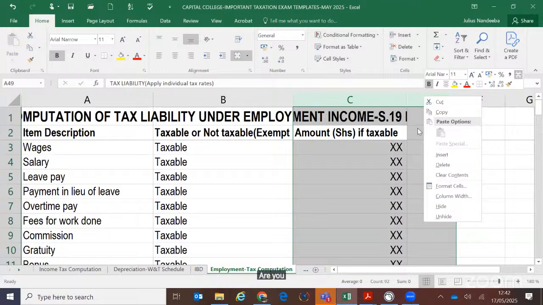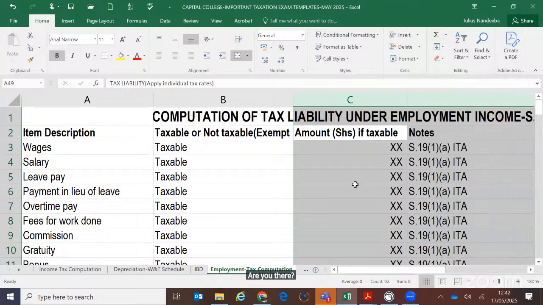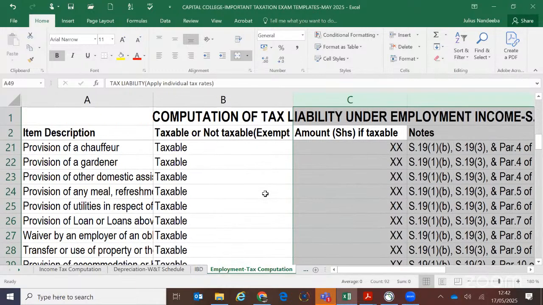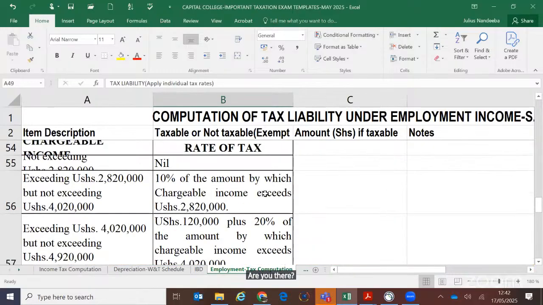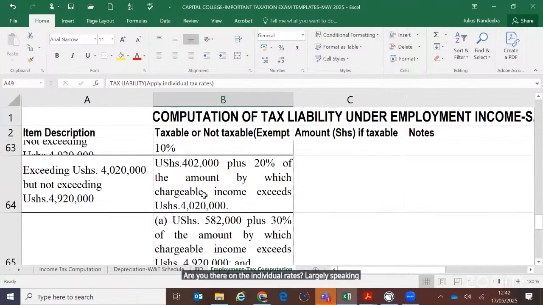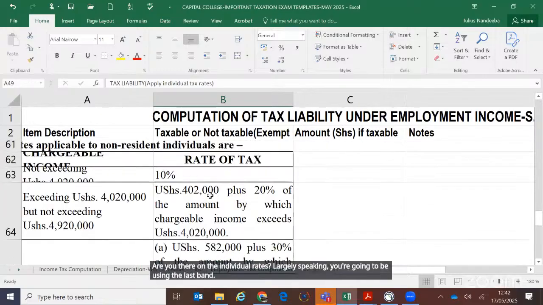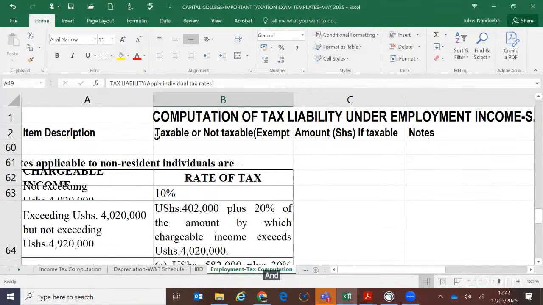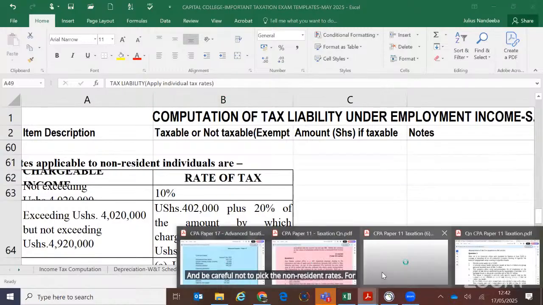Are you there on the individual rates? Largely speaking, you're going to be using the last band. And be careful not to pick the non-resident rates for resident rates. It's very important to know which rates you are using.